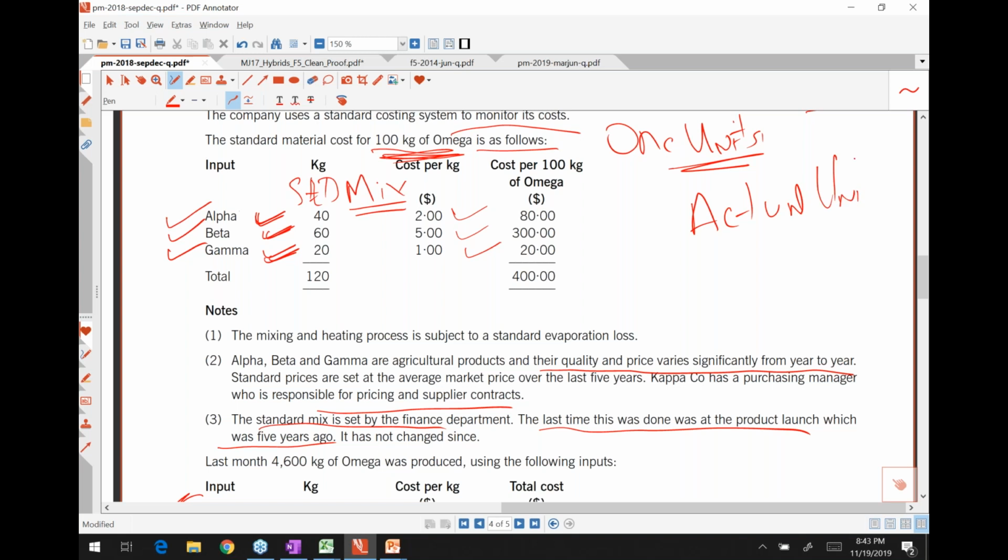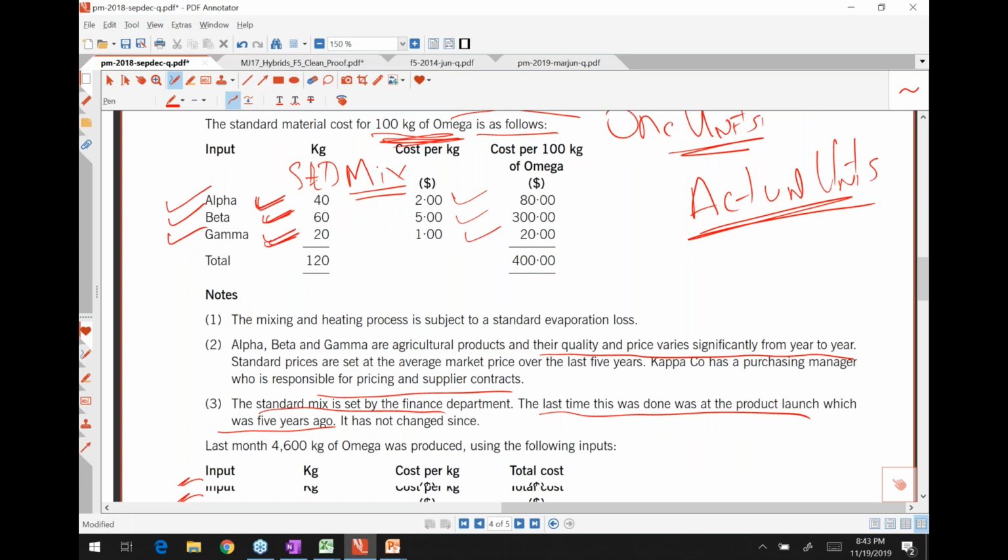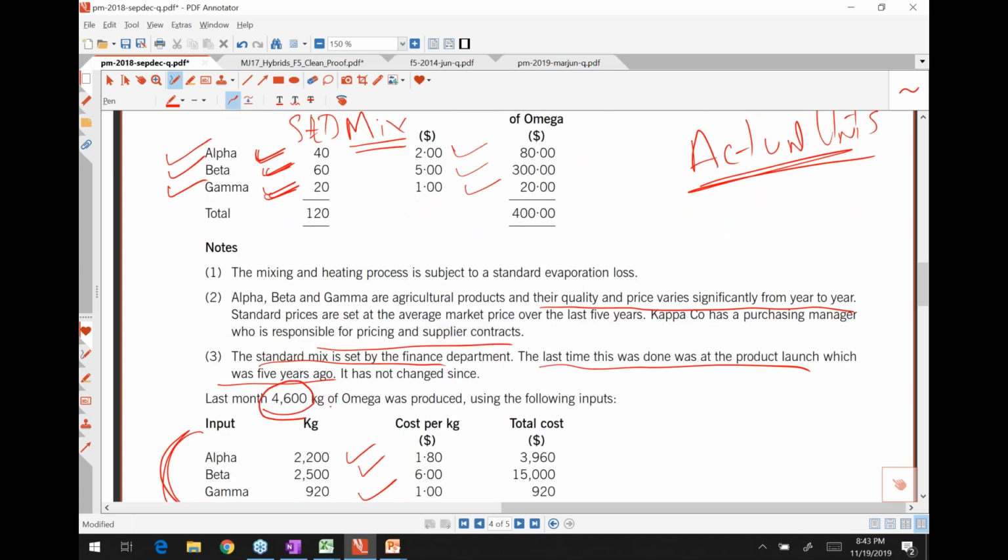If I go towards the actual information, it says 4600 kgs. So we do have actual kgs, but not units. So I need units. Is it difficult to work out units? Not at all. I have 4600 kgs.